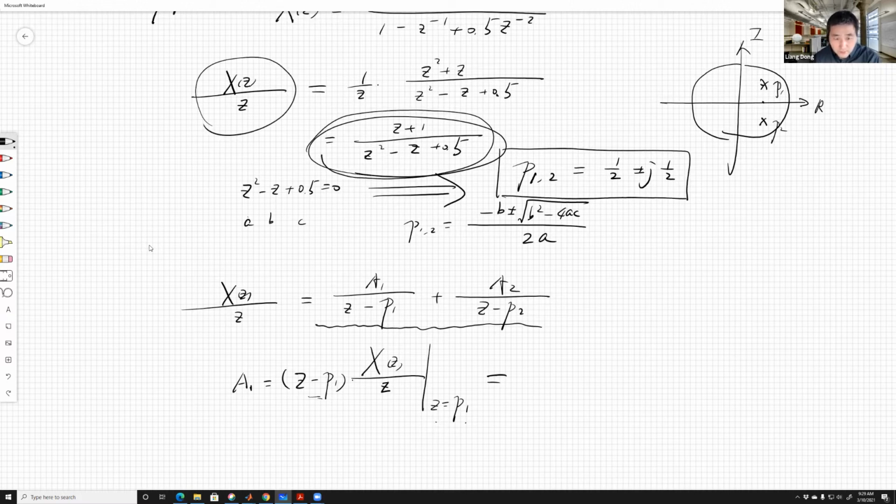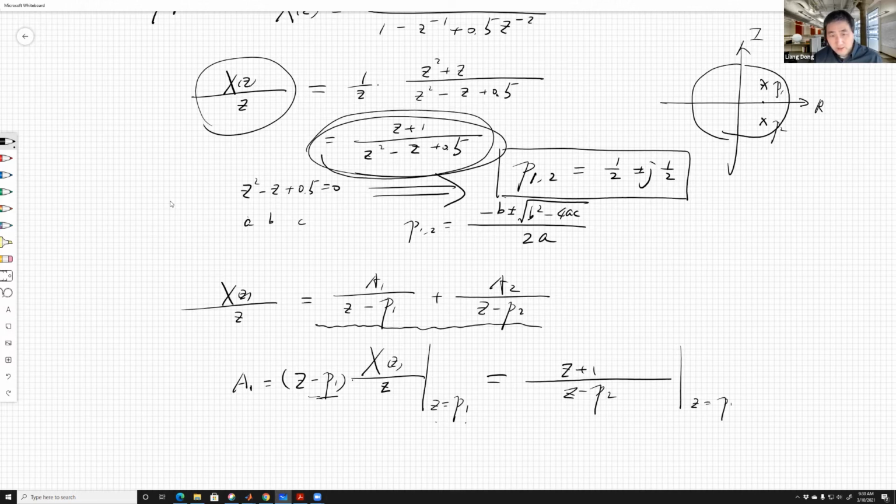So plug in here, and this is equal to z plus 1 over z minus p1 times z minus p2. You already multiplied by z minus p1, so it only leaves 1 over z minus p2, right? Well, p2 here is half minus j times half. And I will evaluate this at z equal to p1.